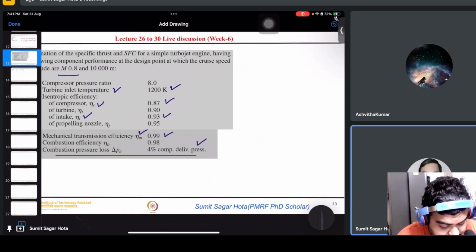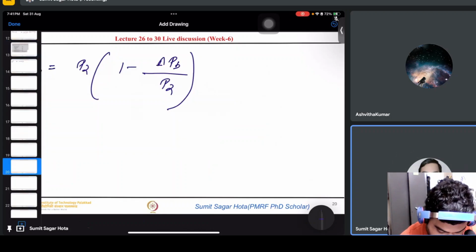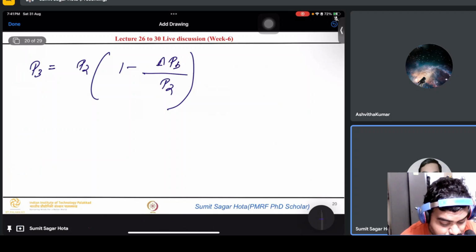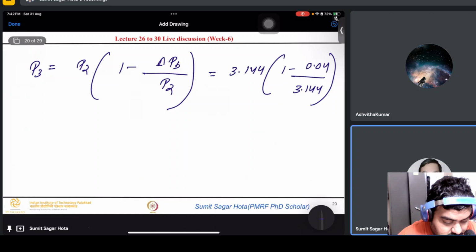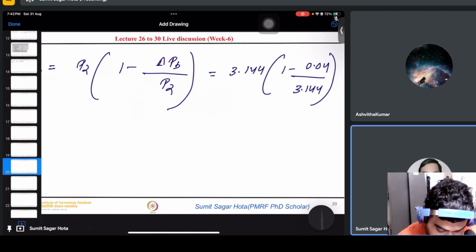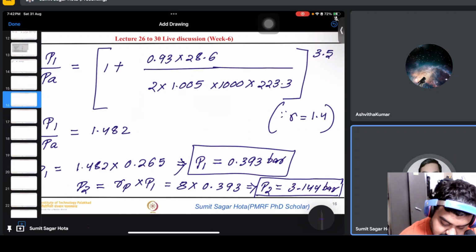Just substitute and find out the values. 3.144, 1 minus 0.04. What is the P2 value? 3.144. Where did you calculate P2? If you can see it, we calculated P2 as 3.144 here from the pressure ratio.